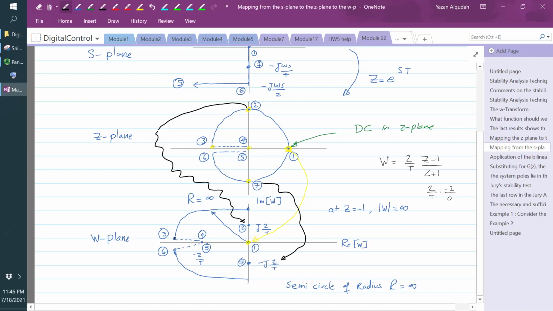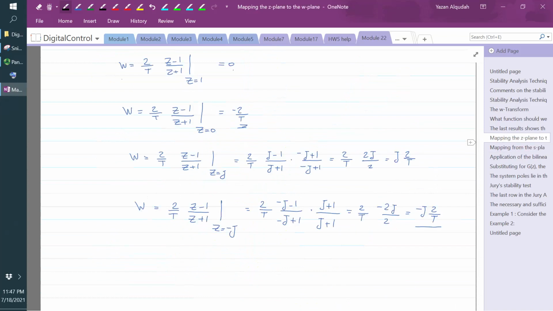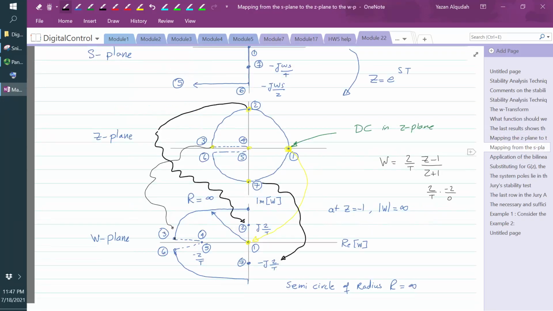So this point 3 here is going to go to negative infinity. Now if I am at the origin, which is point 4, z equal to 0, I'm going to get mapped to negative 2 over T. So at the origin here, I'm going to get mapped to negative 2 over T. So this point here is going to get mapped to here.